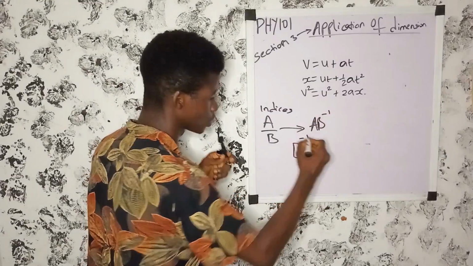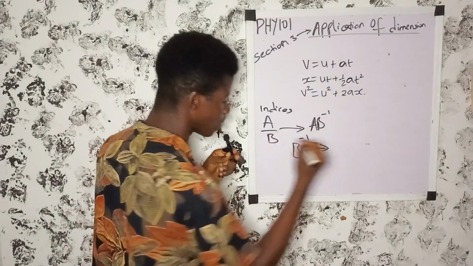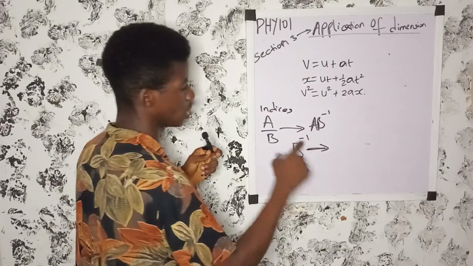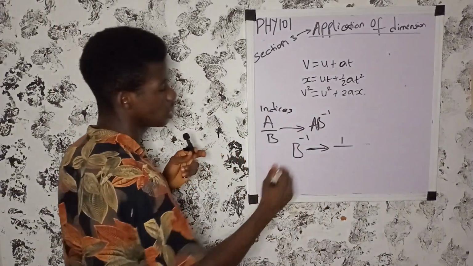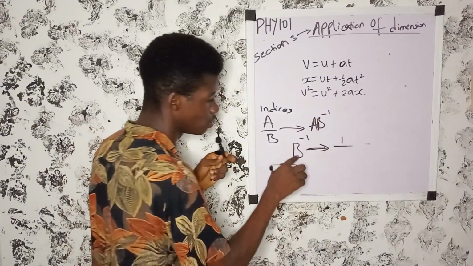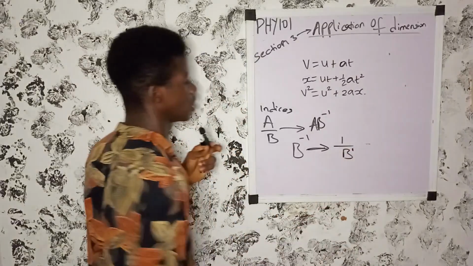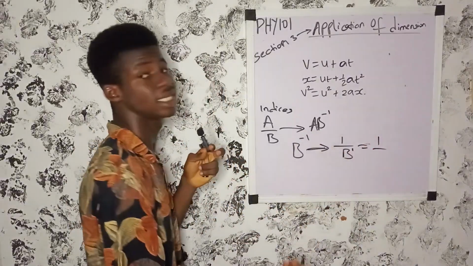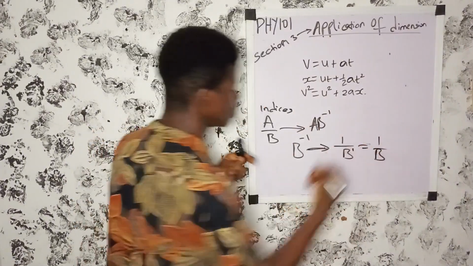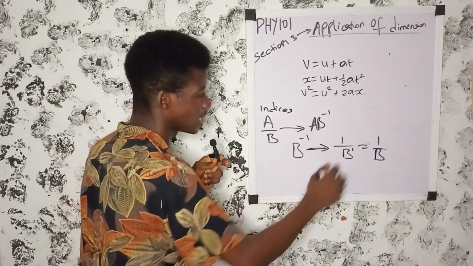B raised to power minus 1 means that the minus here means 1 over, then you place the b, and put the 1 here: 1 over b to the power 1. So b to the power 1 is the same thing as b.